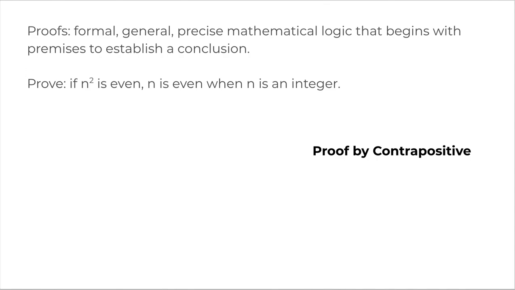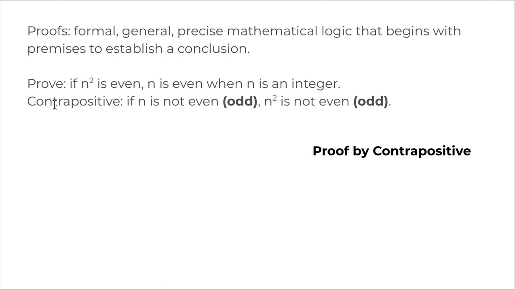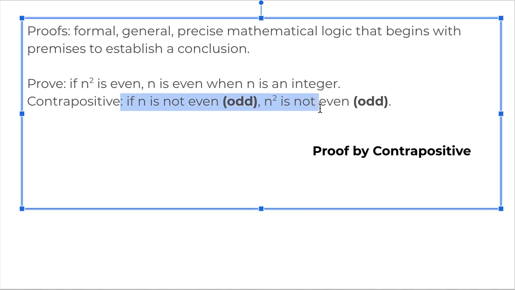Okay, all right. So the contrapositive statement of this implication becomes, if n is not even, then n square is not even, right? So that is, if p then q, it becomes if not q then not p. Now you just have another statement that you can prove with any other proof method, right? So let's get started with the direct proof to prove if n is not even, n square is not even.